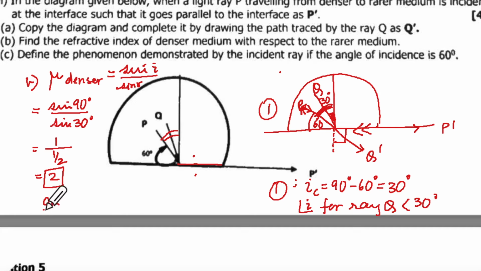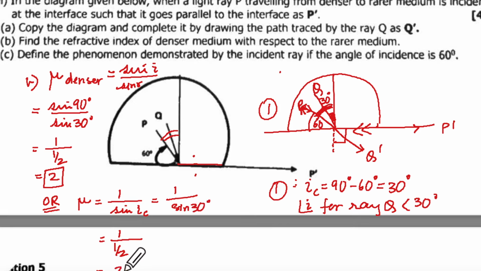You could even say that mu is equal to 1 upon sine of the critical angle, sine of IC, which is sine of 30, which is equal to 2.